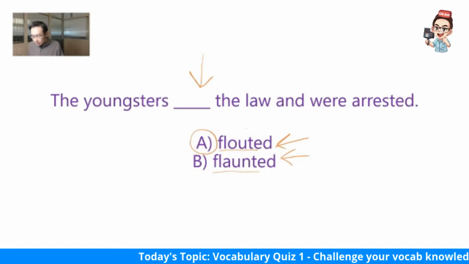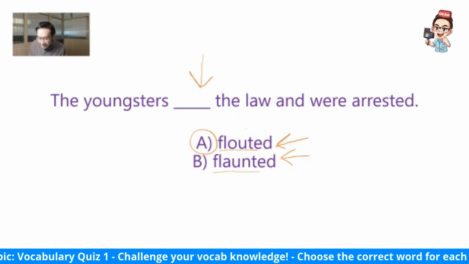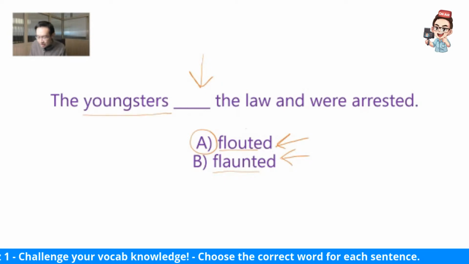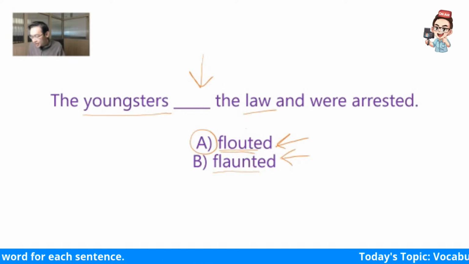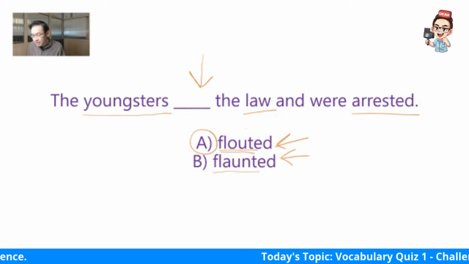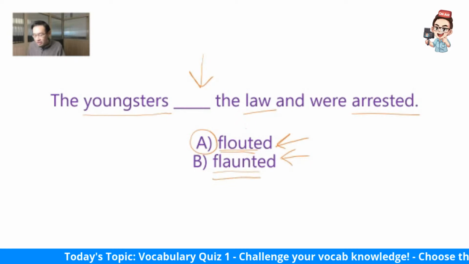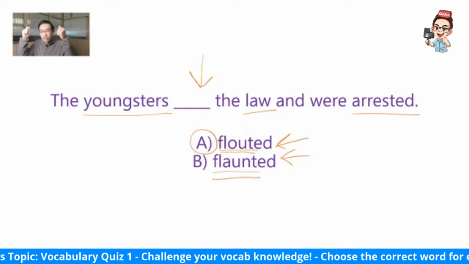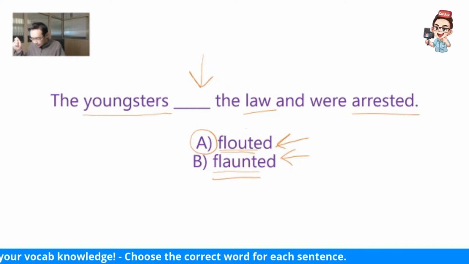Flout, not flaunt, because here in the sentence it says the youngsters, the young people, flouted the law. Why? They broke the law, and as a result, they were arrested. They had to go to the police station. It's unlikely that they flaunted the law. Why would they show off the law? So it's not flaunt, it's flout.